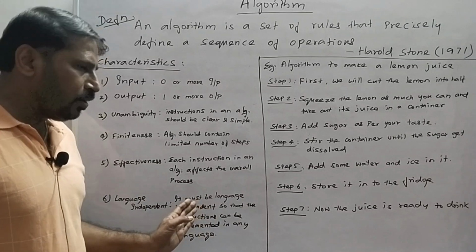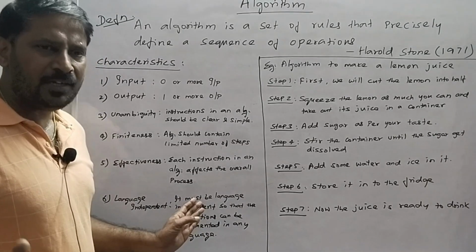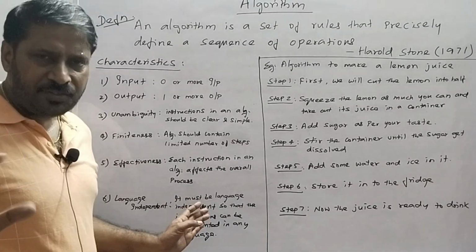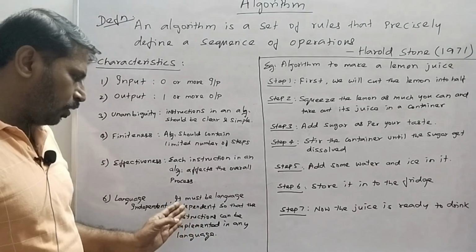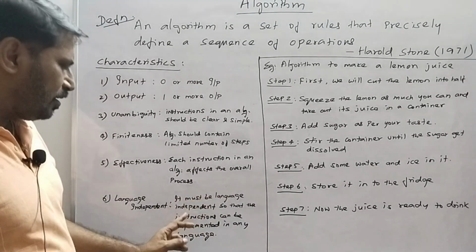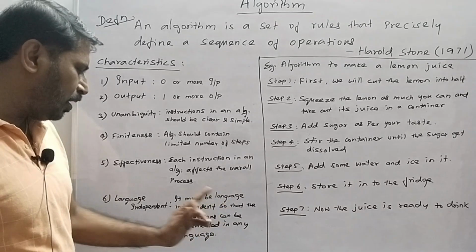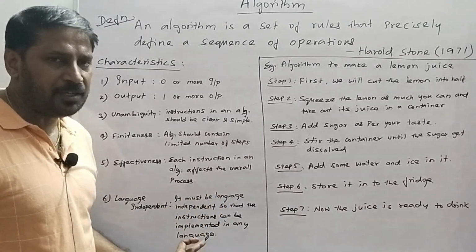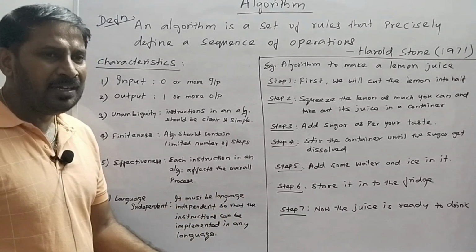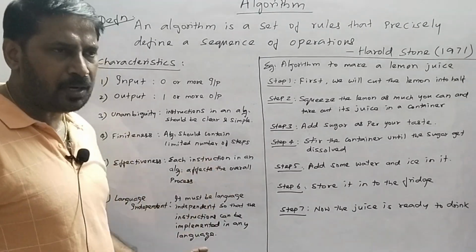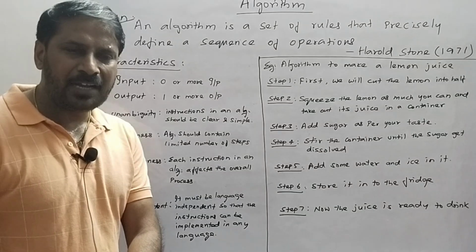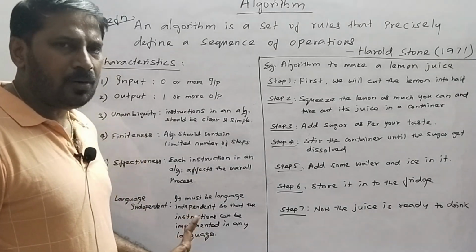The algorithm must be language independent so that the instructions can be implemented in any language. It purely depends on the language in which I am going to implement that particular algorithm; according to that language routine, I write the algorithm steps.